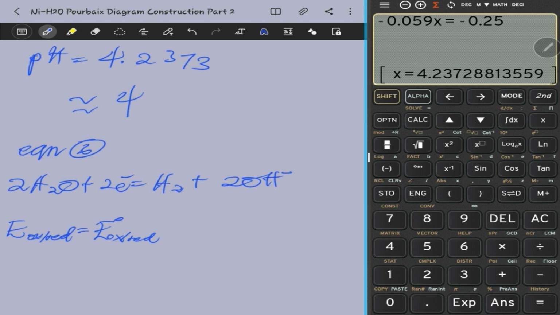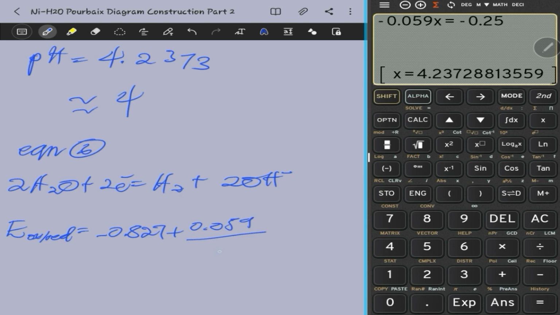The value that I have for that, trying to read on the table, is minus 0.827. That's what we have for that. And then we have plus 0.059.